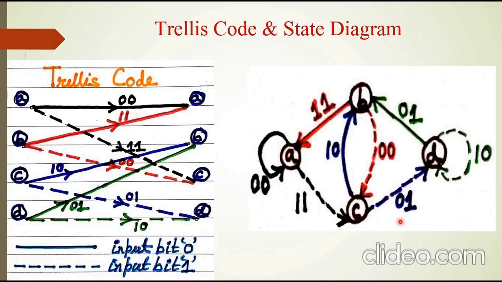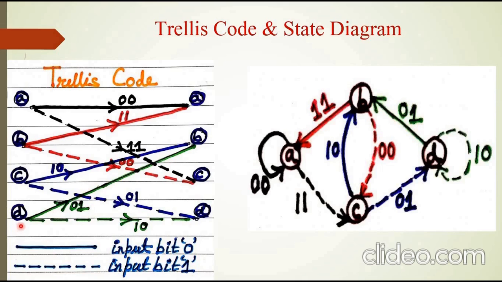Now the current state is D, the input is 0, which means a solid line. The next state will be B. So from D to B there is a solid line and the output is 0 1, mentioned over here. Okay.